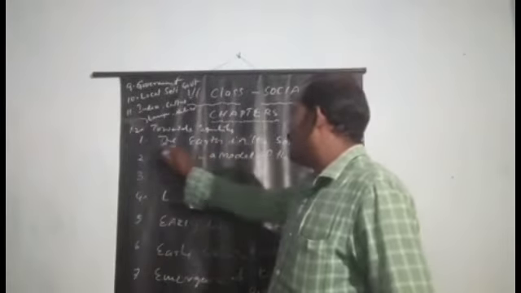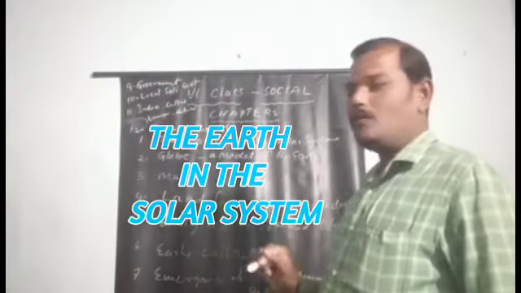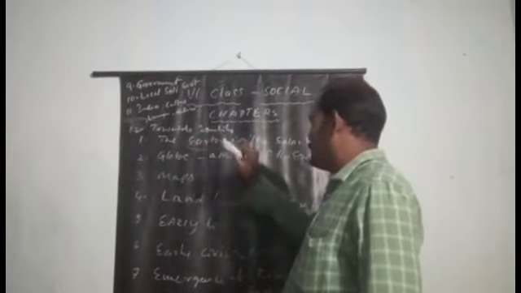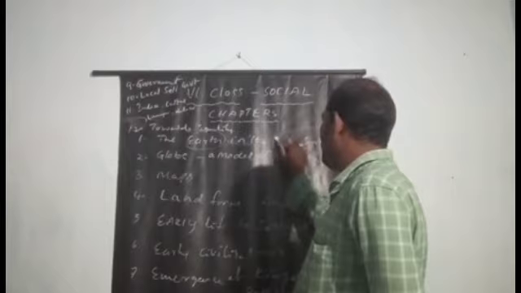Okay. Right. The first one, the Earth in the solar system. In this lesson, we learnt about the origin of the Earth and solar system. What are the different components in the solar system?